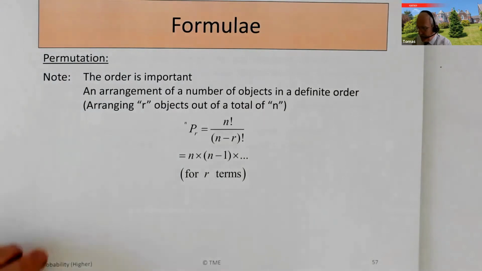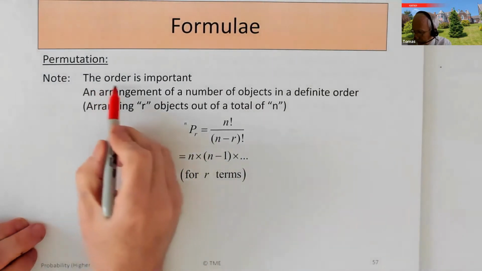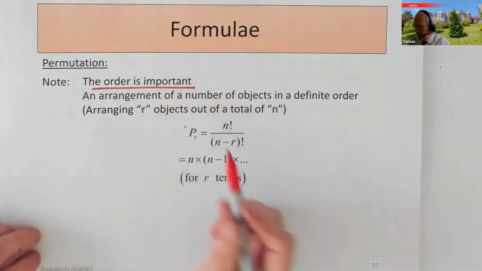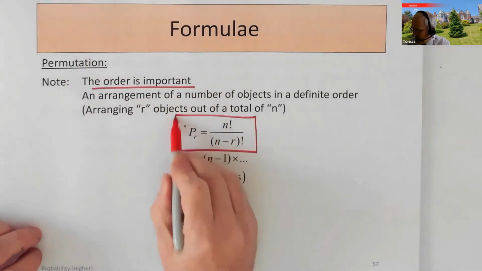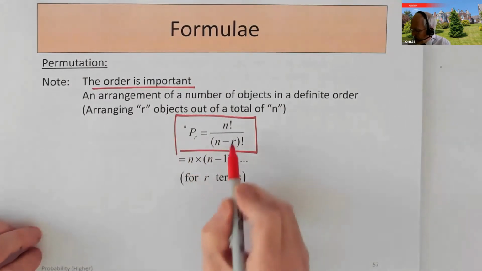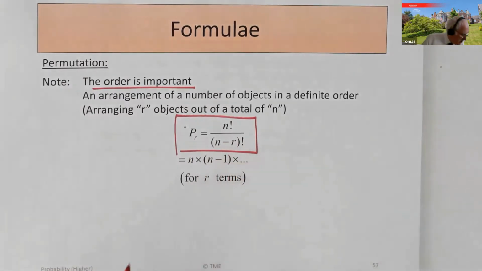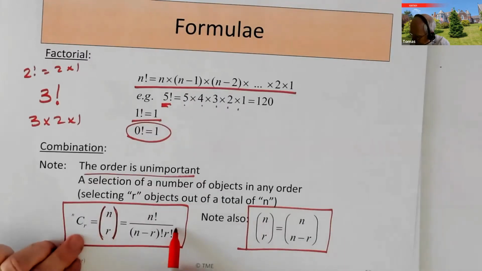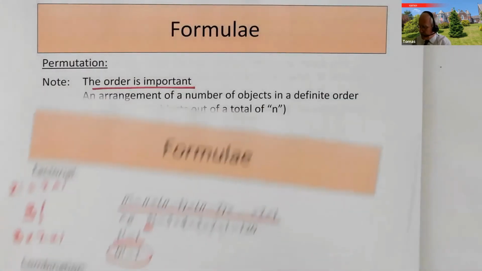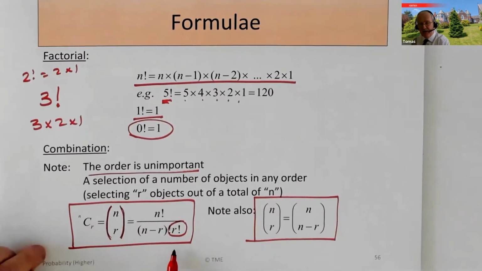This next one isn't there, but it's equally useful. Permutations: the order is important. It looks like the first one. It's called nPr, where permutations are involved. The order is important, and it's n factorial over n minus r factorial. In fact, it's virtually the same, but the r factorial is missing, so you're not dividing by r factorial.